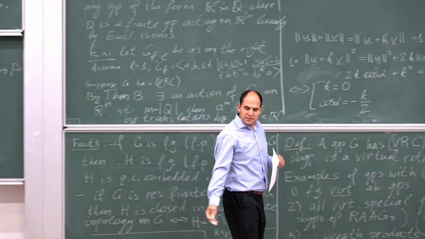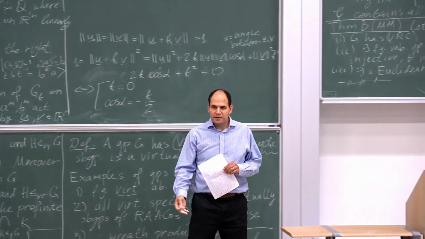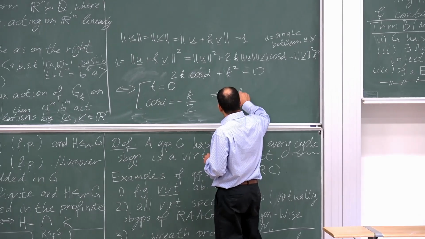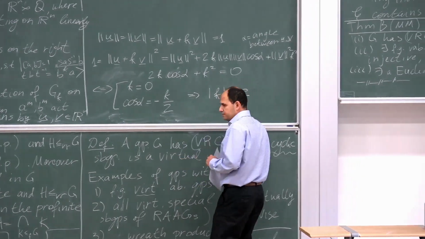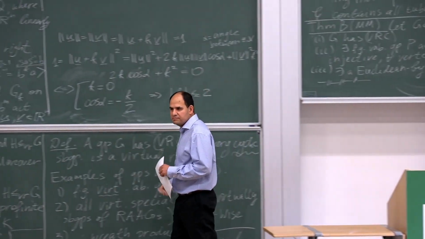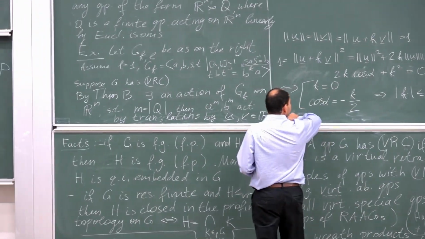Immediately from here, cosine cannot have values exceeding 1 in modulus, so in particular, the modulus of k must be at most 2. Okay? All right, easy?